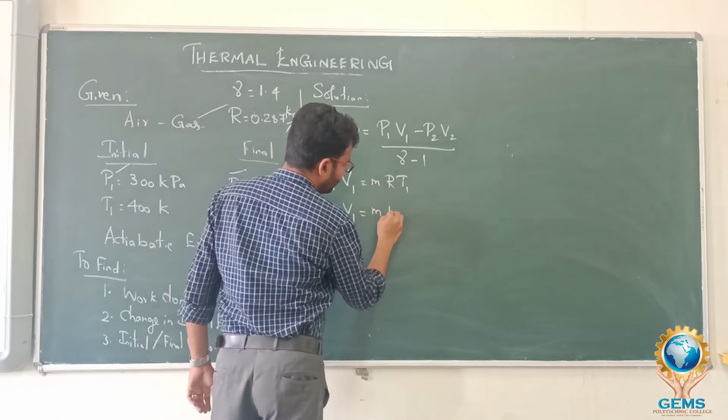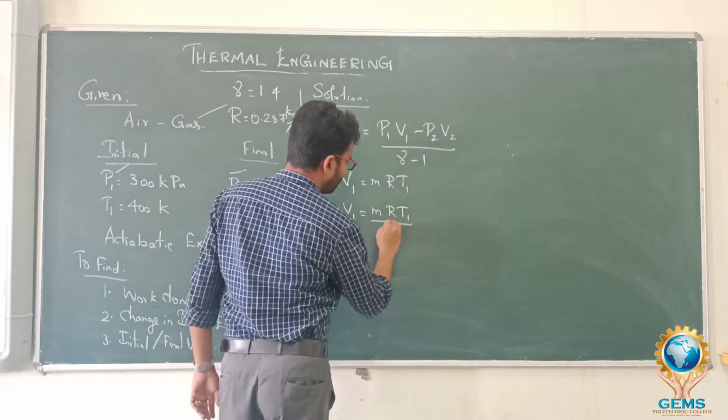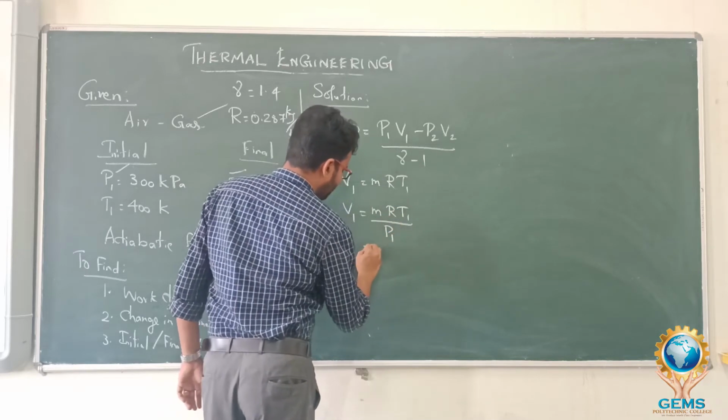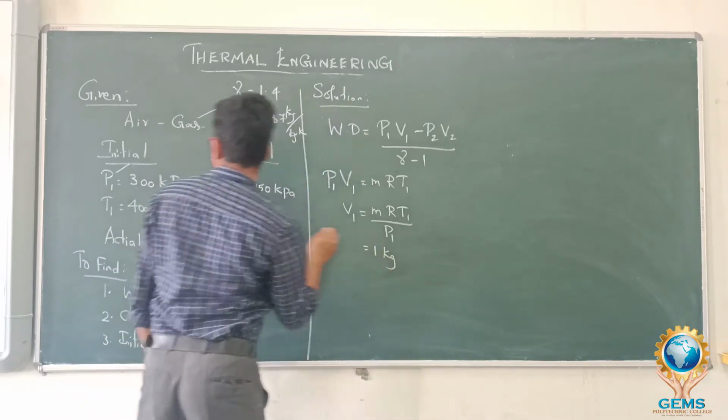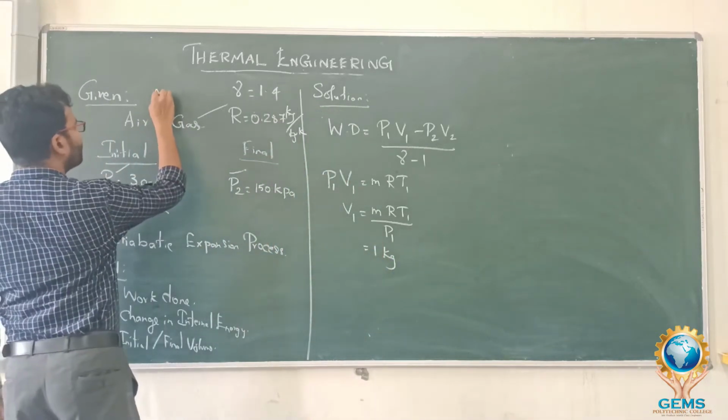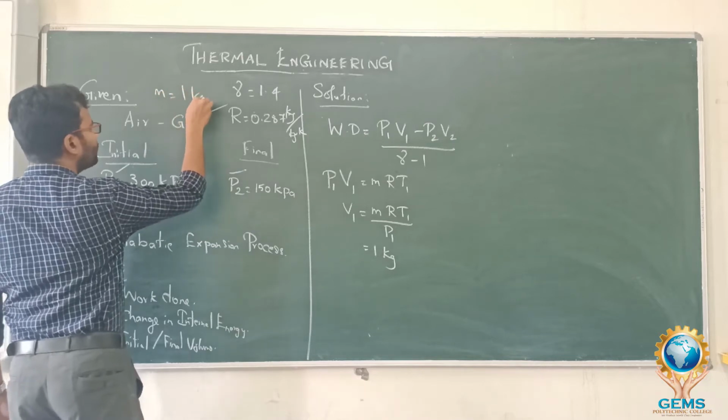So V1 is equal to mRT1 divided by P1. The mass m is 1 kg of air.